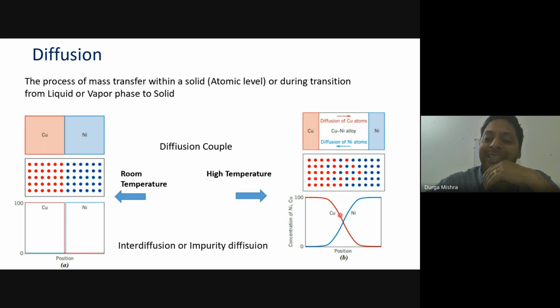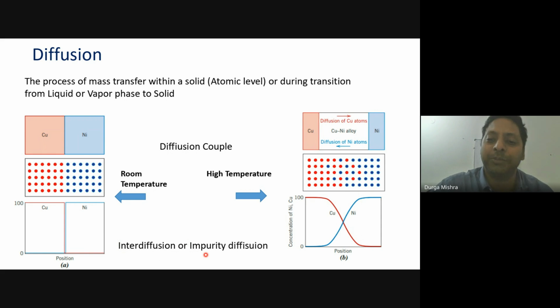There is an increase in concentration of copper in the nickel, and similarly an increase in concentration of nickel in the copper region. Okay, so this is what we call a diffusion process. Normally the term used is interdiffusion or impurity diffusion. So this is one kind of diffusion.